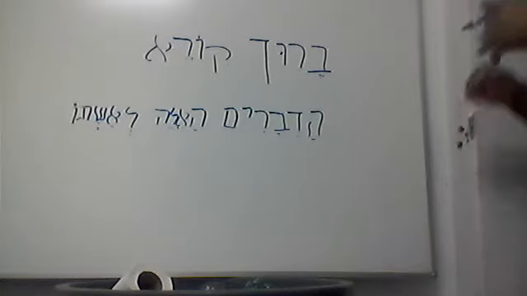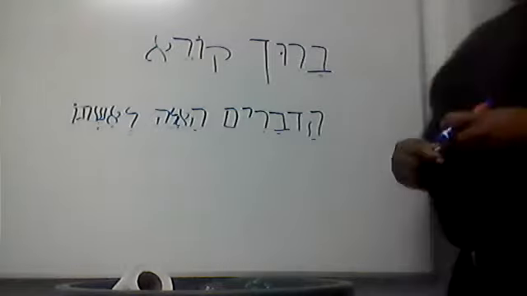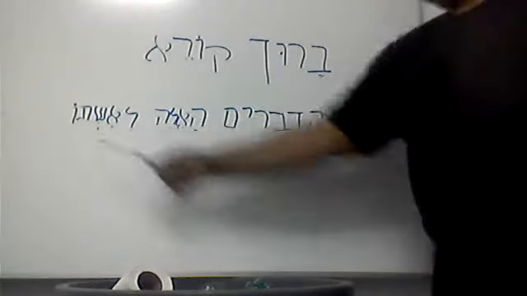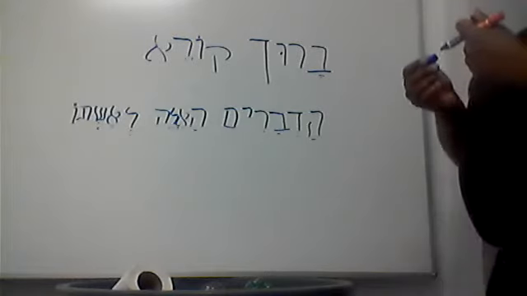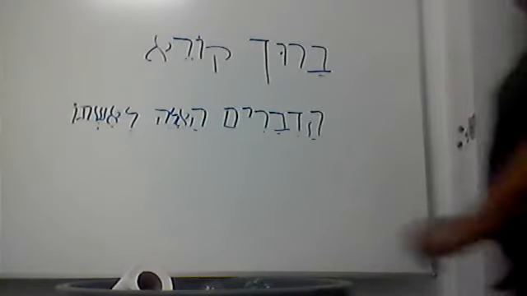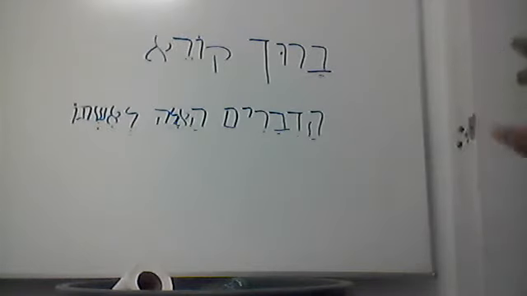So therefore, you put the hey letter there to say these words. Le'ishto, to his wife. So this is just something we want to show, brothers and sisters, for edification purposes. Let's continue on to the next aspect and show the grammar and the sentences and so forth.